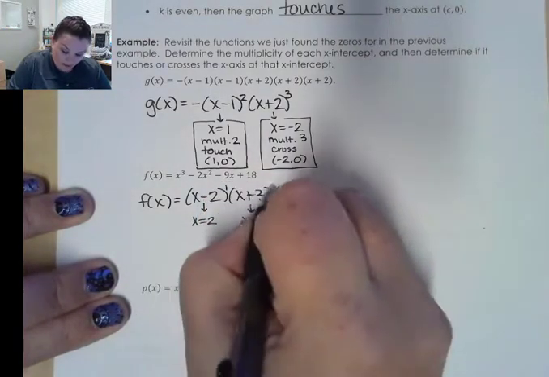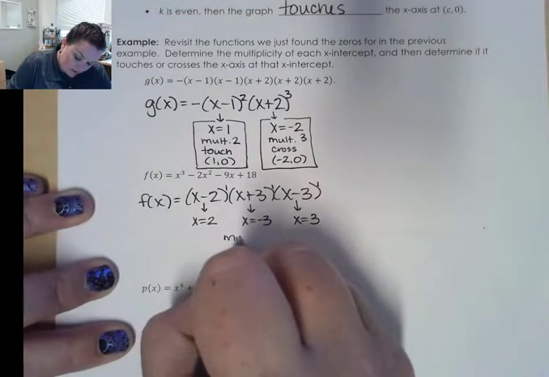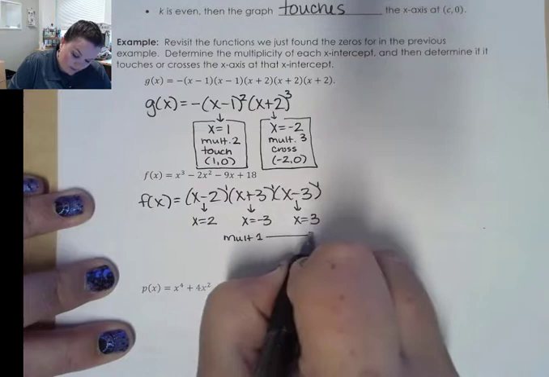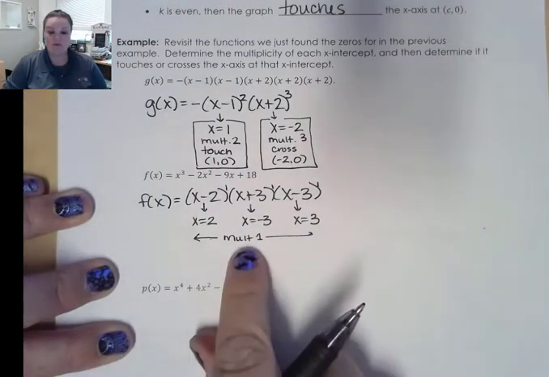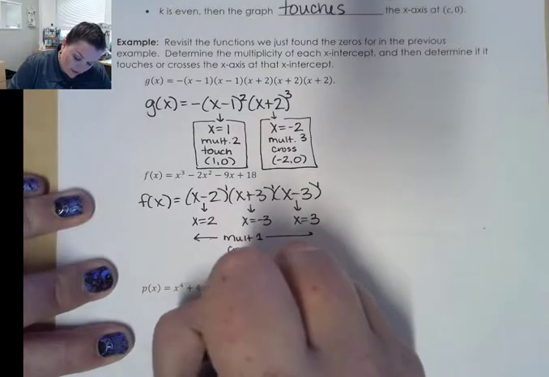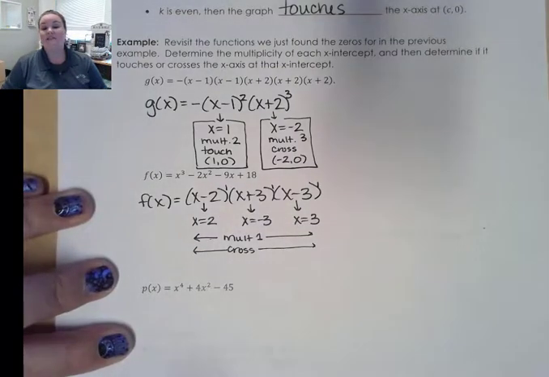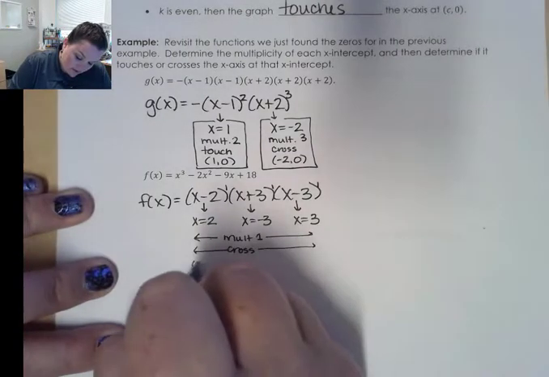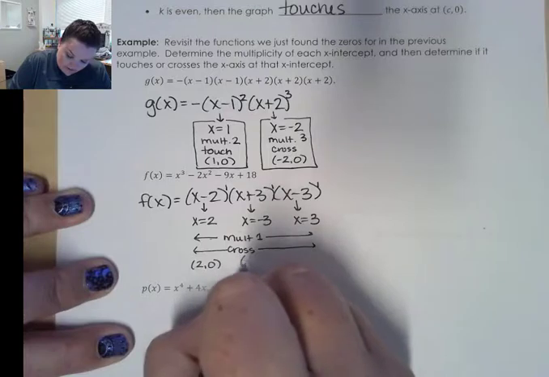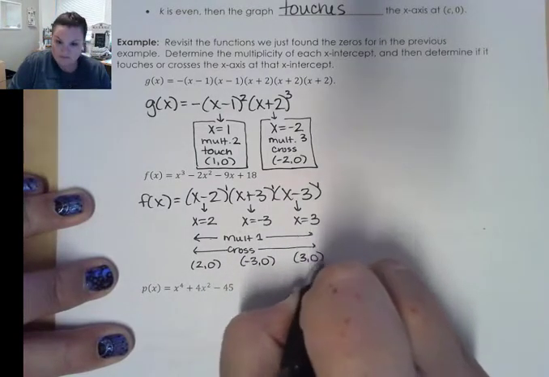It's like I have one copy of each of these factors. So all of these are multiplicity 1, right? And multiplicity 1 is odd, so that means it's going to cross at all of these x-intercepts. And so I just need to write them as x-intercepts. So this is going to be 2, 0, this one's going to be negative 3, 0, and this one's going to be 3, 0. Okay?